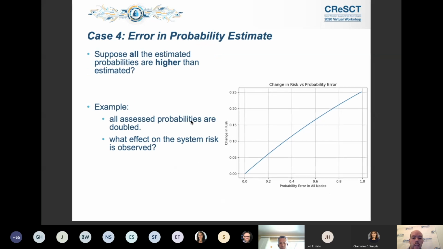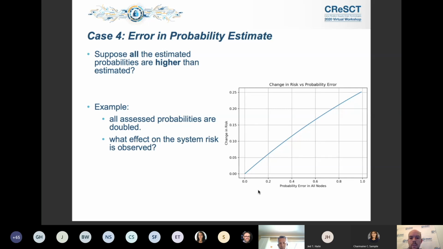And case 4 looks at our second type of uncertainty, which is parametric uncertainty, or an error in probability estimate. So we just suppose that all of the estimated probabilities are higher than estimated. Say we were across the board optimistic about our probability estimates.